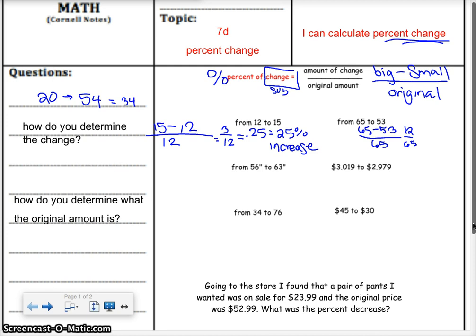Round it to the nearest tenth of a percent. So you're kind of going to go 3 spots with your decimal, 0.185, because that 6 next to the 4 tells the 4 to go up, which is 18.5%. Did I get bigger or smaller? Smaller. So it's an 18.5% decrease.